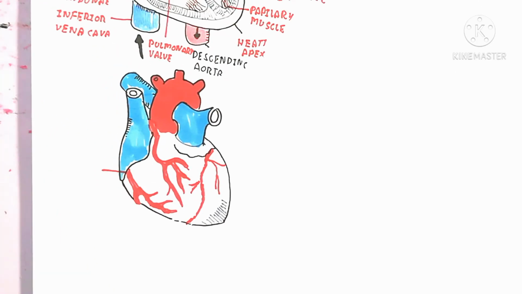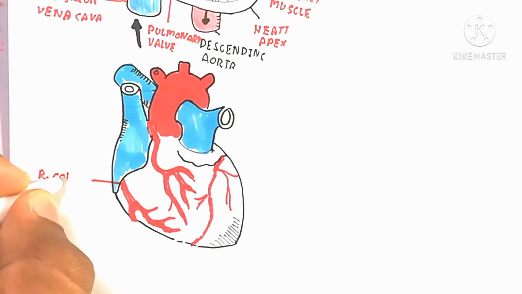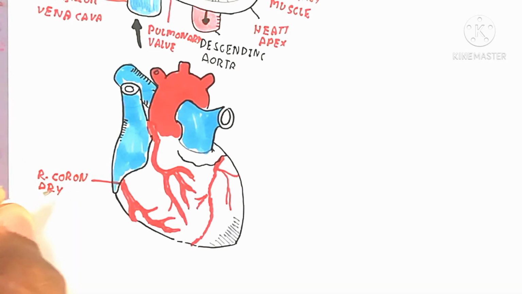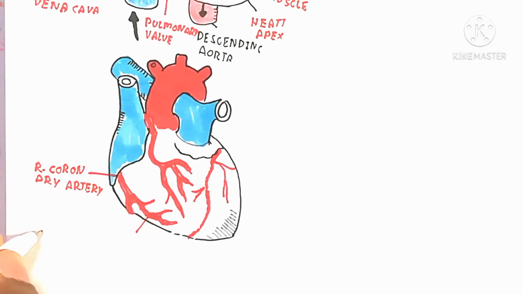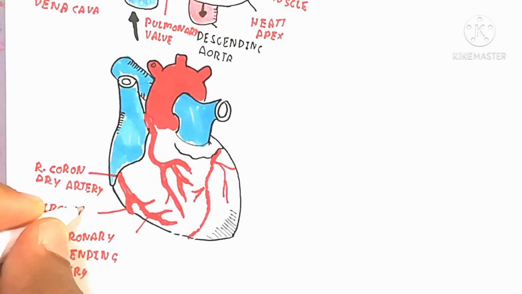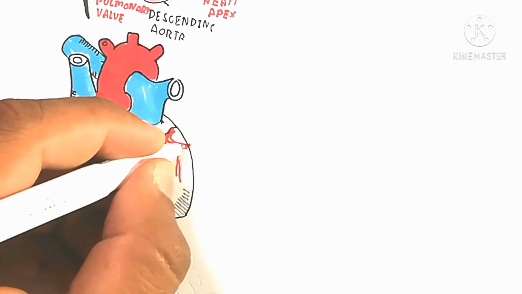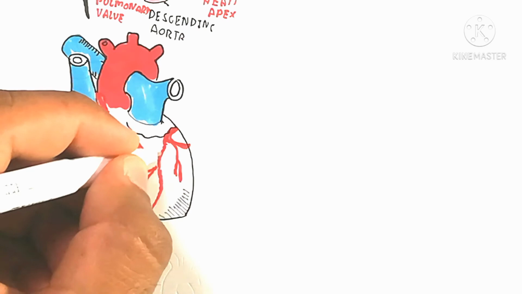Here are the blood vessels known as the right coronary artery, which comes from the aortic region, from the aorta. Here are the right coronary descending artery and the right coronary descending anterior artery, and here is the right circumflex artery, and here is the left circumflex artery.